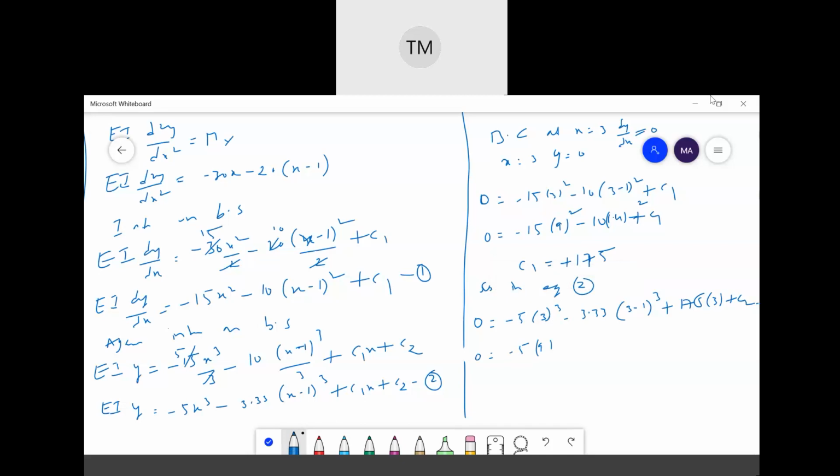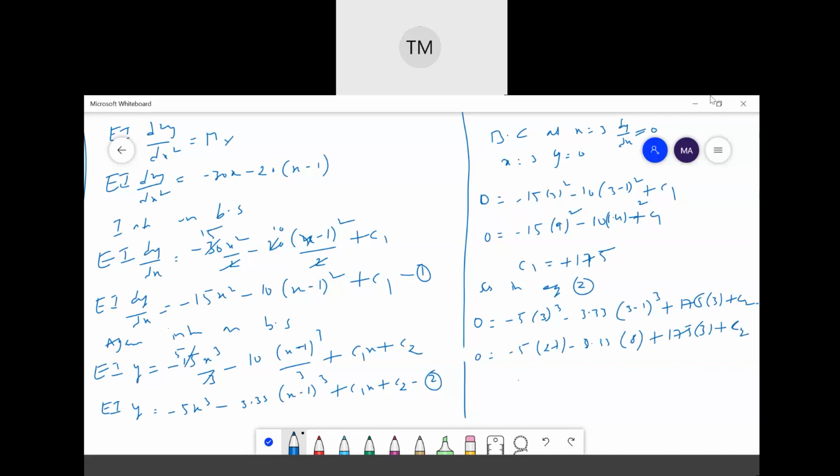Three cube. Here it is 9 nines are 9, 9 threes are 27, 3 threes are 9, 9 threes are 27 minus 3.33 into, here the two value, 2 twos are 4, 4 twos are 8 plus 175 into 3 plus C2.